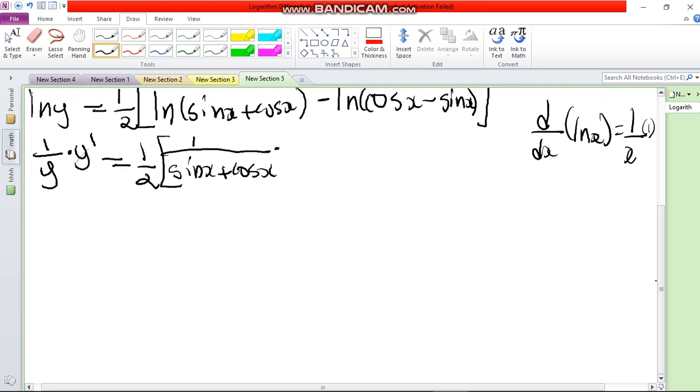Derivative of sine is cos x minus the derivative of cos is negative sine x, and then minus, I do the same thing even here. I'm gonna have 1 over cos x minus sine x.